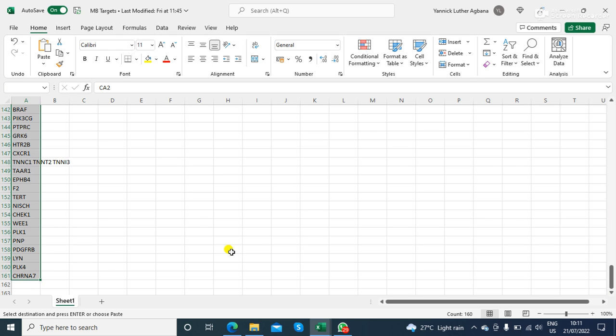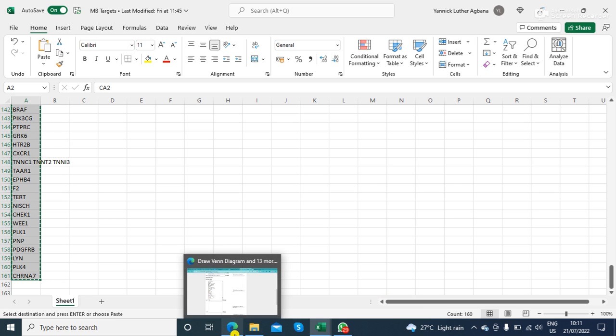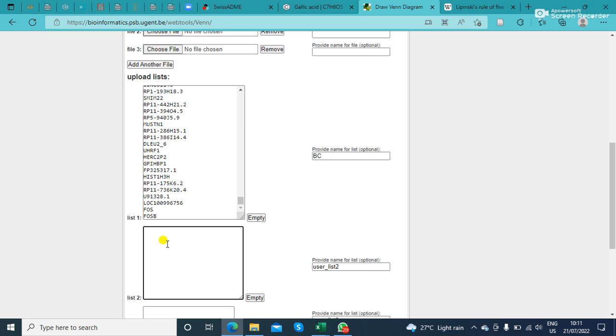Shift click and we copy. Maybe come here and we paste. I will just delete the last unnecessary thing there.